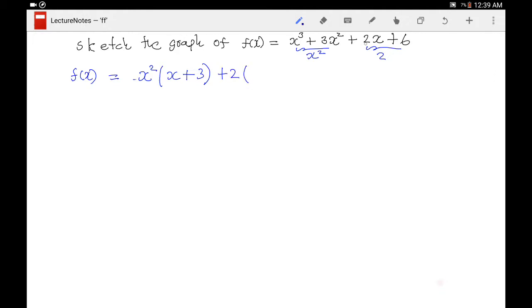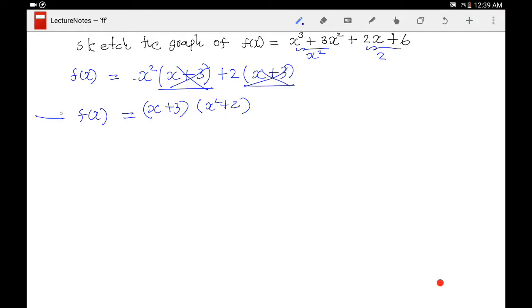I have x plus 3. Now x plus 3 is common, so I pull out the x plus 3. What is left? x squared plus 2. So this is what we have.